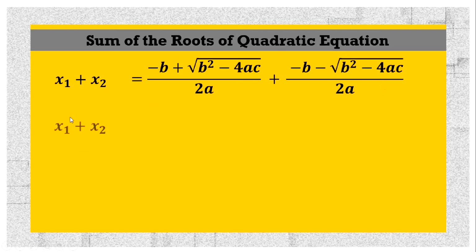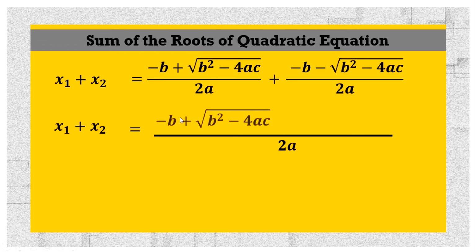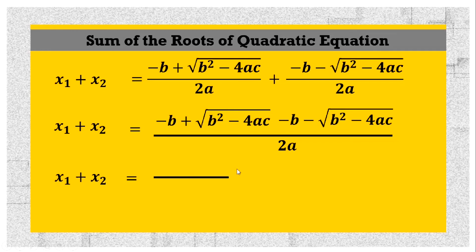So simplifying, since these fractions are similar fractions, copy lang natin ang denominator nila, which is 2a. Then copy lang din natin ang numerator, negative b plus square root of b squared minus 4ac minus, since this is negative, minus b minus square root of b squared minus 4ac. Okay, we have x sub 1 plus x sub 2 is equal to, our denominator is 2a.